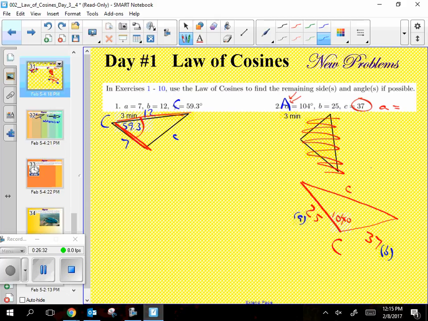So just because they said it was alpha doesn't mean you can't switch it and call it C. But then be careful. They did not give you A under their naming system. They didn't give you the side across from it. I know that's tricky, but that's what you've got to be able to handle, is adjusting it so that C is the angle that they're giving you.